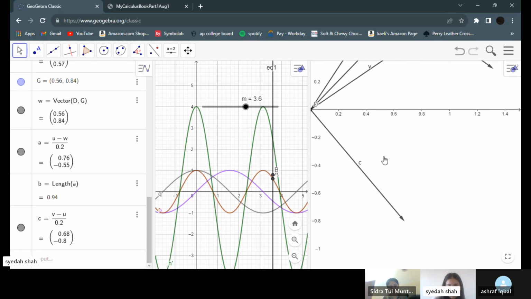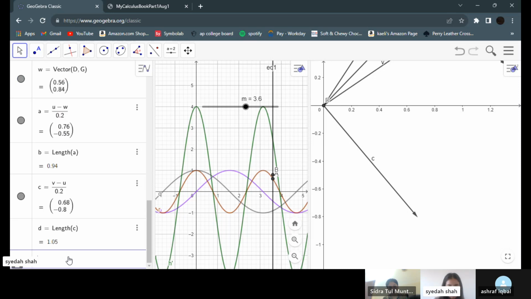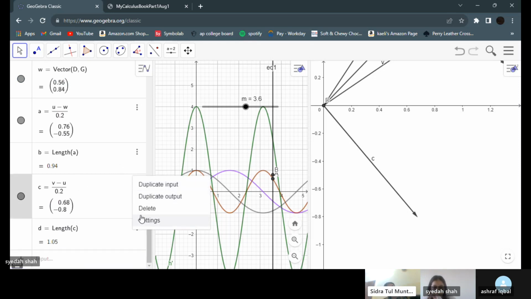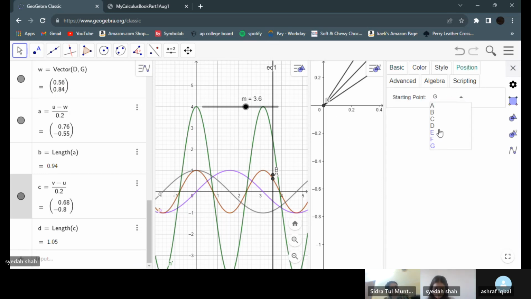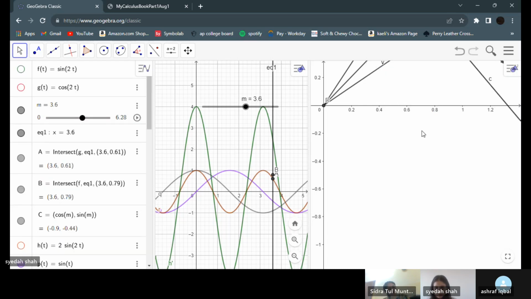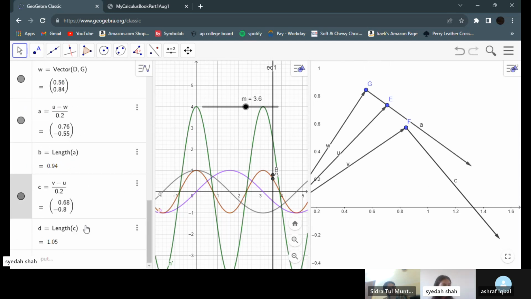Okay. Now look at it. When you took the derivative of the other two vectors, it has also come out to be around 1. Yes, around 1.